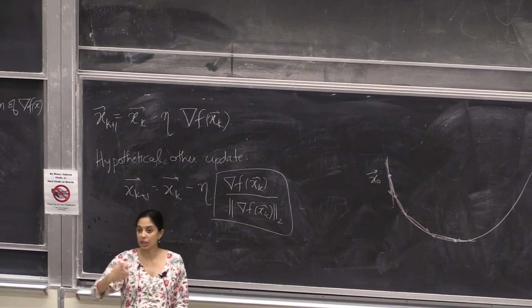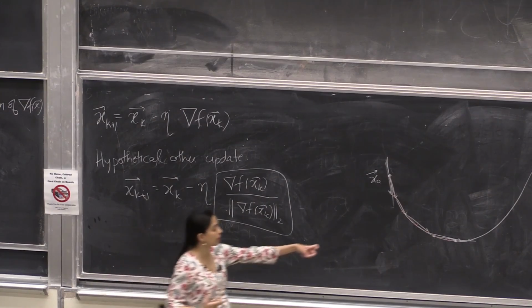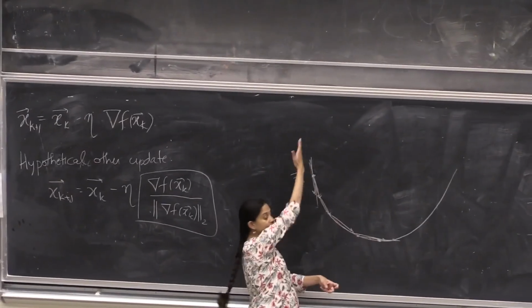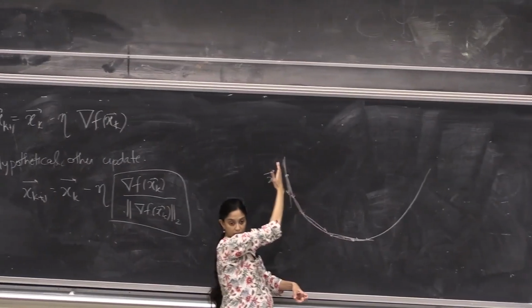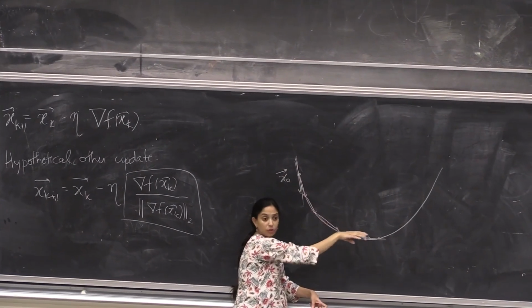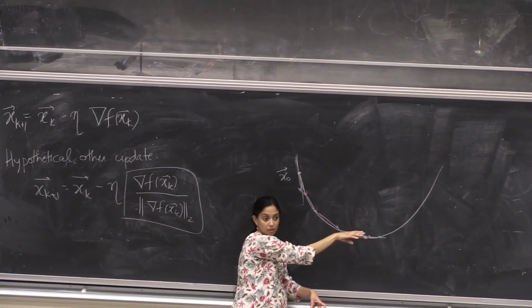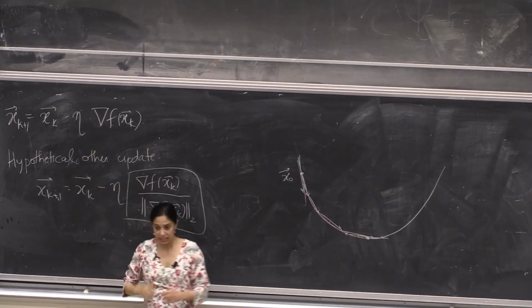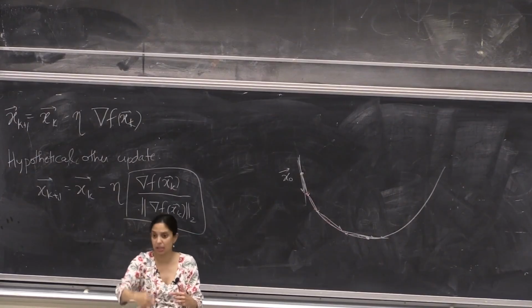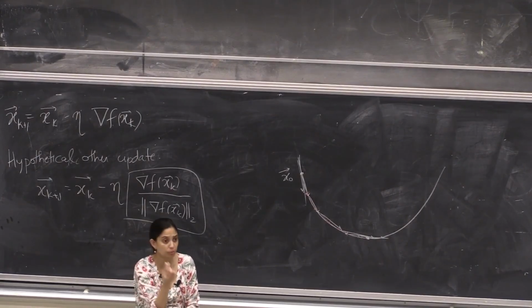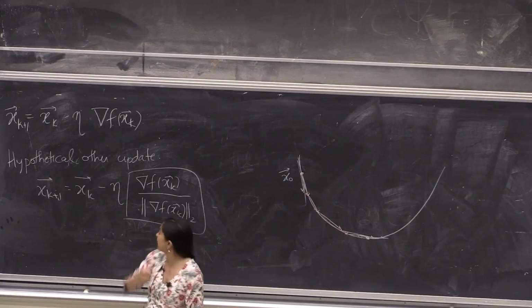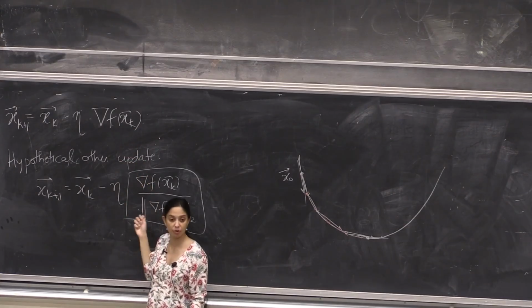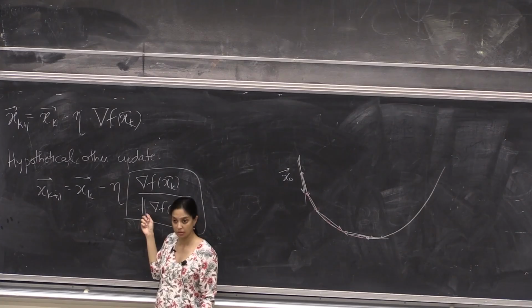So the fact that the gradient naturally becomes smaller and smaller matters. The gradient is large here, but it's closer and closer to 0 the closer I get to my minimum. So naturally, the distance between my xk and xk plus 1 and xk plus 2 becomes smaller and smaller by keeping this gradient as it is and not normalizing. Everyone see that?